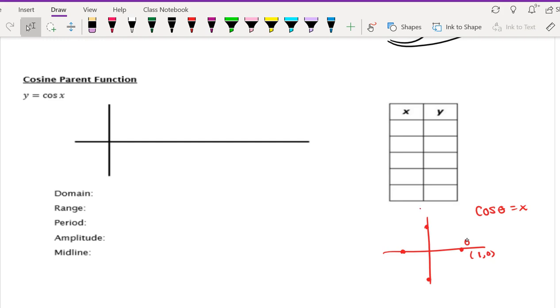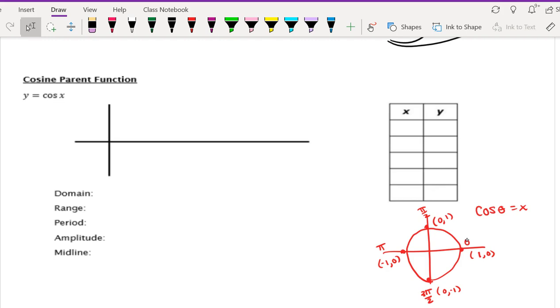And this is pi over 2, and I have the ordered pair of 0, 1, and I have pi and the ordered pair of -1, 0, and then 3 pi over 2 and the ordered pair of 0, -1. Let's draw in my circle. I missed a little bit, but you get the idea.